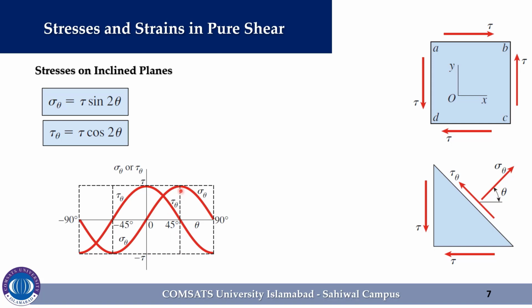At that angle, the stress is positive in tension and equal numerically to the shear stress tau. Similarly, the normal stress sigma theta has its minimum value, which is compressive, at minus 45 degree. At both of these 45 degree angles, the shear stress is equal to 0.